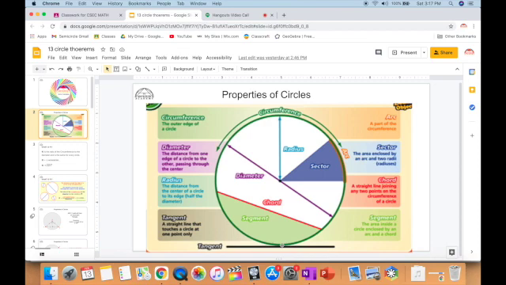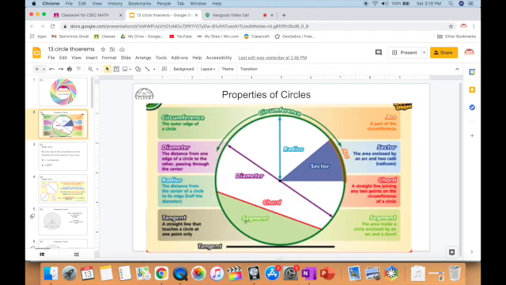A tangent will only touch a circle at 1 single point. And this whole tangent thing is really incredibly important. We know what an arc is. We know what a sector is. It's enclosed by 2 radii. We know what a chord is. We know what a segment is. So I think that covers all of the properties of a circle.